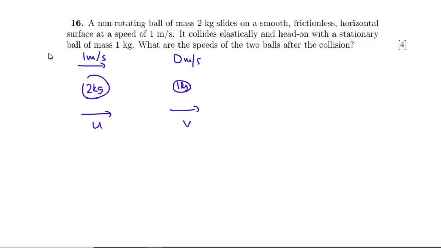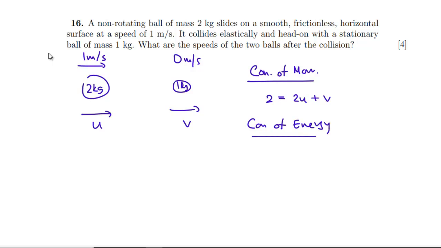So we can say conservation of momentum. We're going to get that 2 is equal to 2u plus v. And then we can say conservation of energy. I suppose some people might do this with coefficient of restitution, but a lot of people haven't done that.